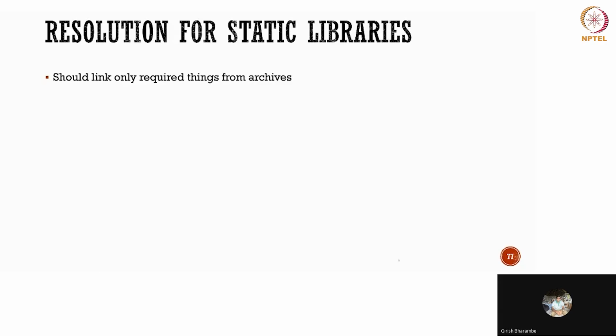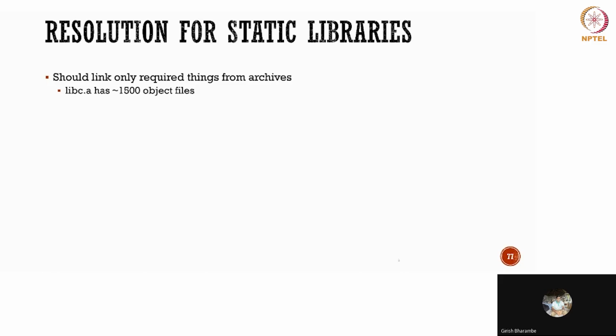You have unnecessary code that is present, which is not even used. So we want to ideally get to a situation where only the required objects are linked together. For example, libc.a, which provides the implementation of malloc, string functions, and all those kinds of things, has 1500 object files, right? But it's not that in every program you might be using all of those functionalities.